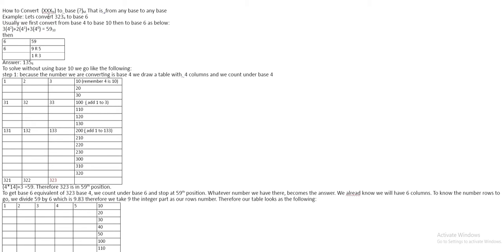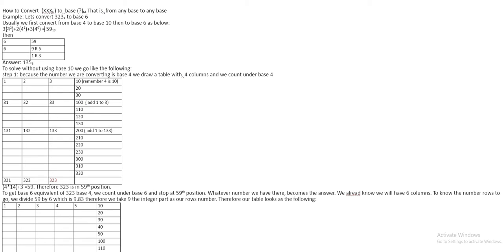So we go from the rightmost number to the leftmost number, and we start the power with zero. These zeros simply mean the ones, the tens, the hundreds, the thousands, and it goes forth. But here we are on just 100, so 0, 1, 2.